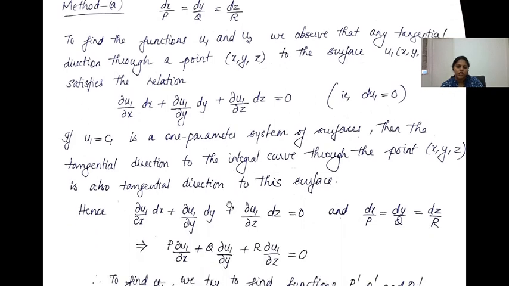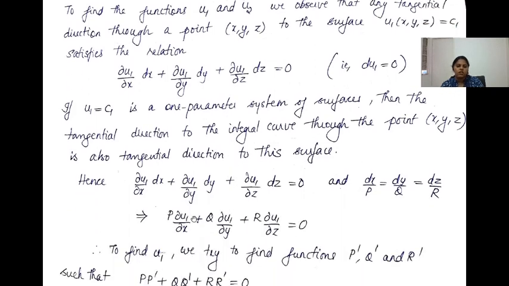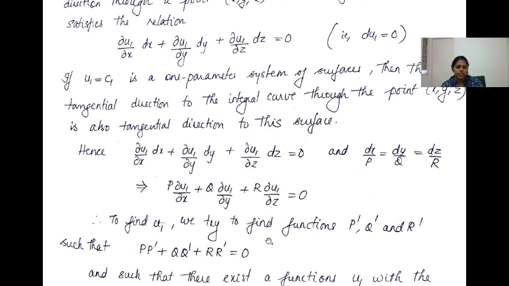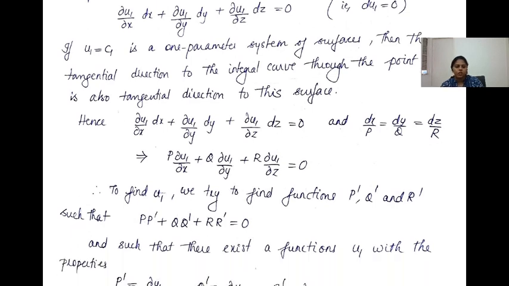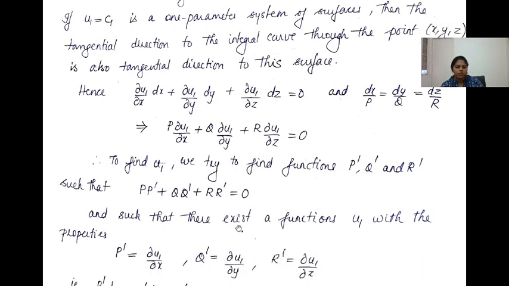So we have got a relation involving u1 here. When you choose multipliers, these are going to be p dash, q dash and r dash. We will choose p dash, q dash and r dash such that they are the partial derivatives of u1. So this gives us the equation pp dash plus qq dash plus rr dash equal to 0.